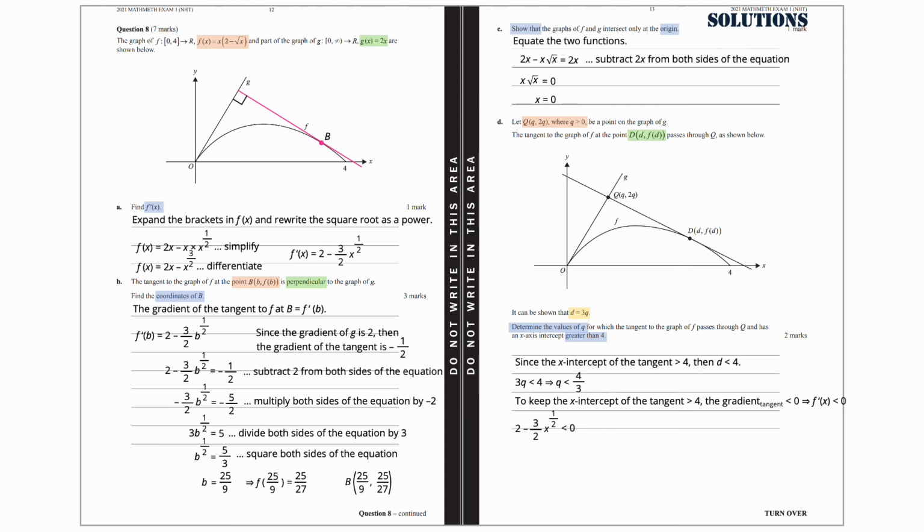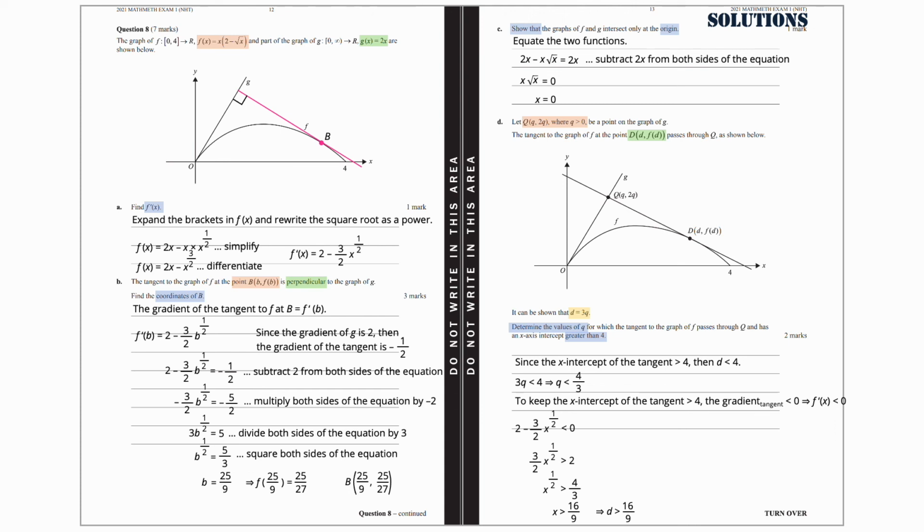We subtract 2 from both sides of the equation, and then we multiply the equation by 2 and divide by 3. So we have x to the power of a half greater than 4 on 3. We can now square both sides of the equation, so x is greater than 16 on 9. This implies that d is greater than 16 on 9.